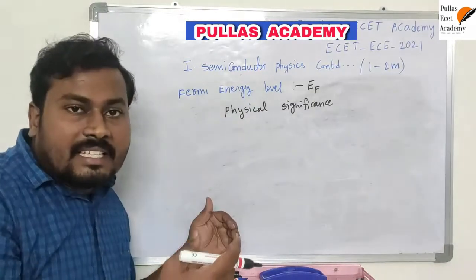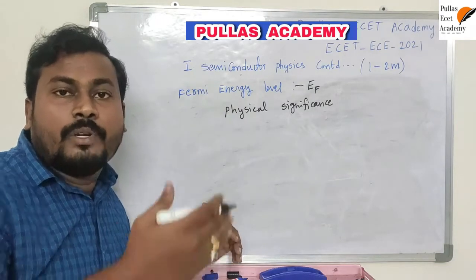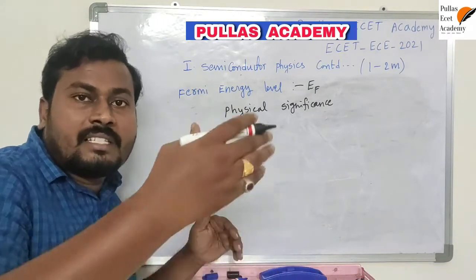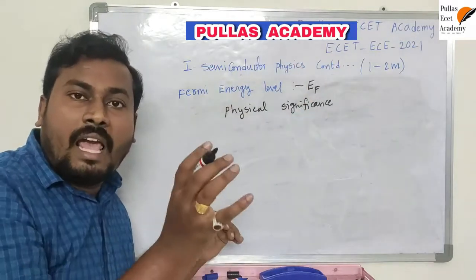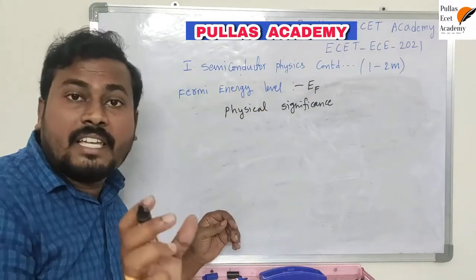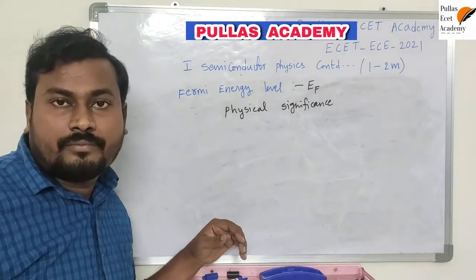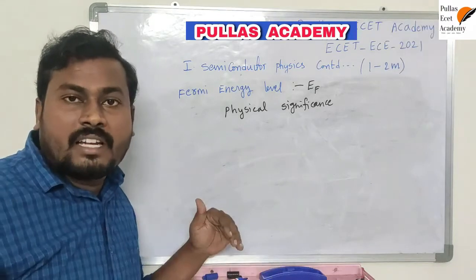So Fermi energy level is that energy level below which all energy states are occupied and above which all energy states are unoccupied. Okay. At T equal to 0 Kelvin. Let me repeat this again for the sake of understanding.